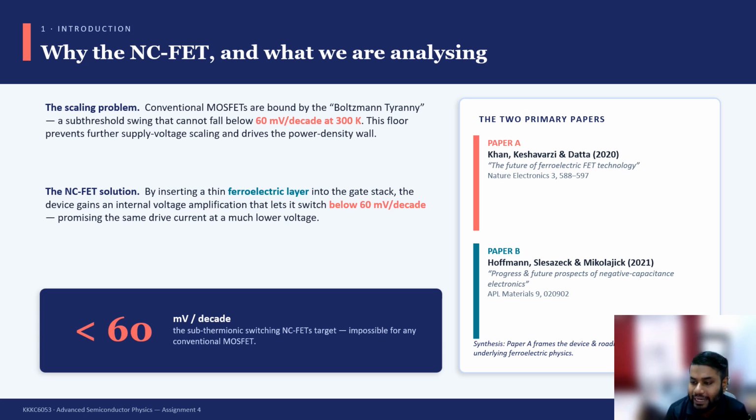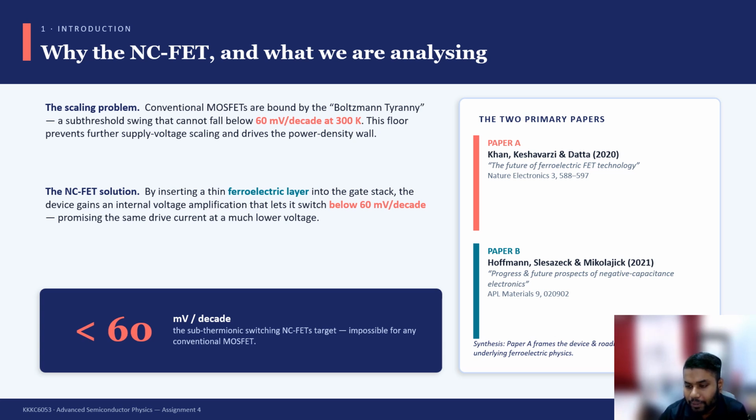The NCFET attacks this directly by inserting a thin ferroelectric layer into the gate stack. It creates an internal voltage amplification that allows switching below 60 millivolts per decade. On the right are my two source papers.